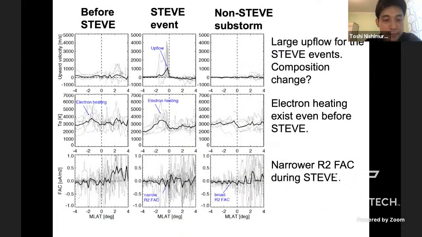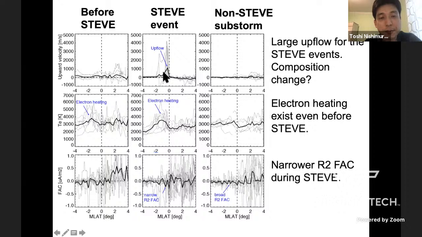And there's a decent enhancement of downward field line current. There may be a little bit of upward current just forward as well. Electron heating is going on, but that is also there prior to the Steve occurrence. So this may not be the primary factor.